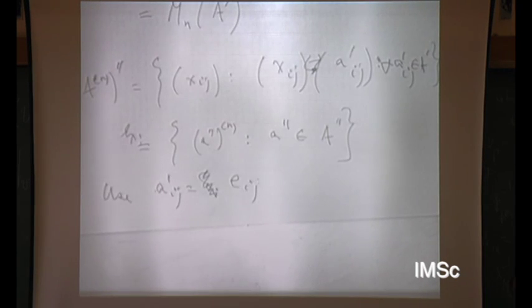That is the matrix with just an identity in the ij place. Eij means identity operator in the ij place, 0 elsewhere.